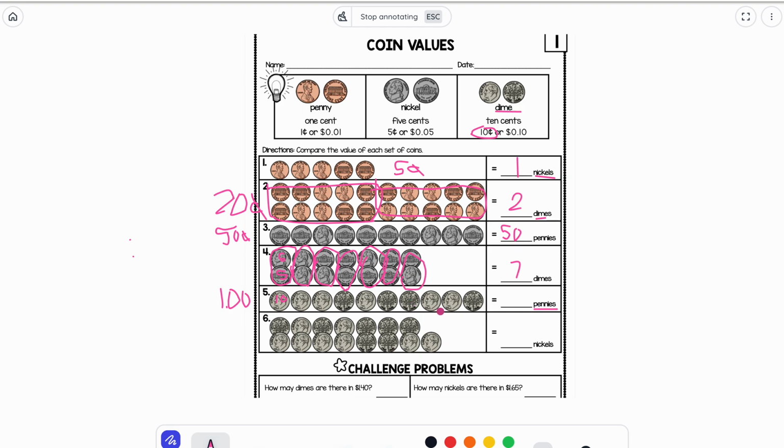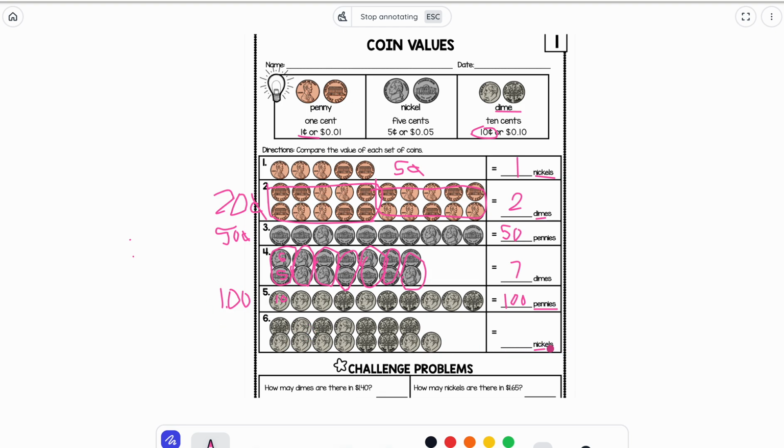But they don't want to know how many dollars I have. They want to know how many pennies, and I just said it. It's 100 pennies. Because remember, a penny is equal to 1 cent. I've got 100 cents right here, which is the same as saying 100 pennies, or $1, or 10 dimes. Okay. Number 6, you guys get it.